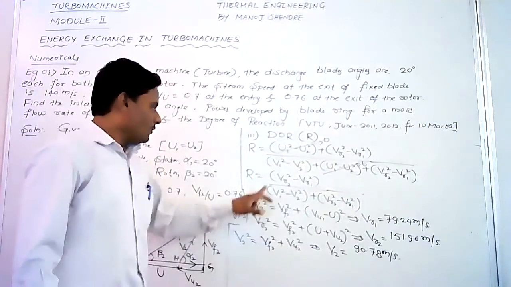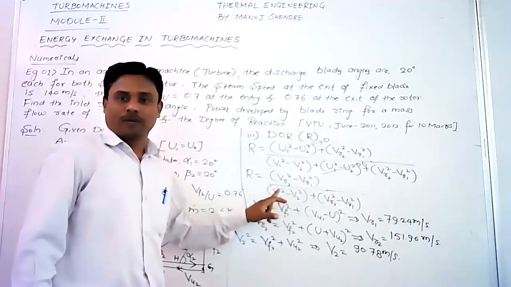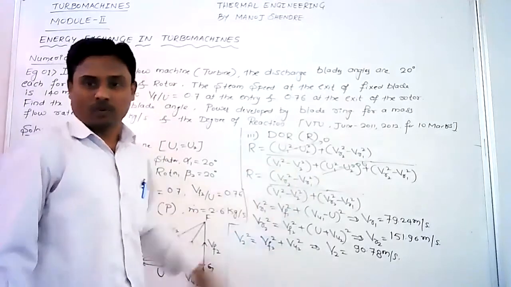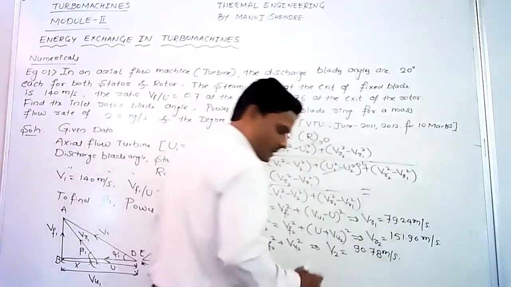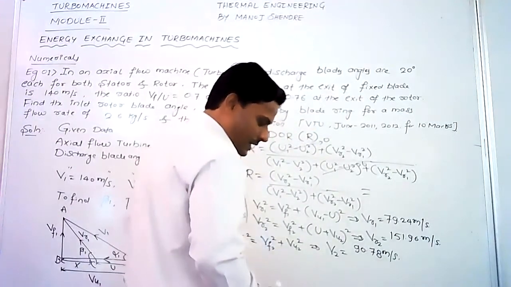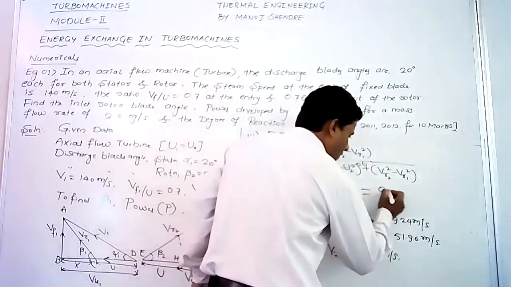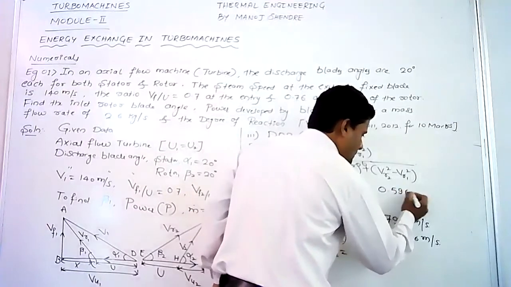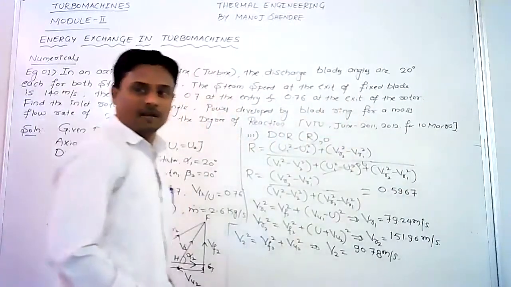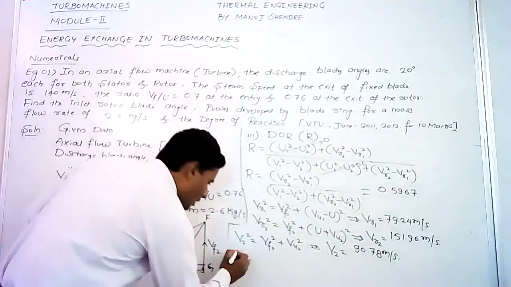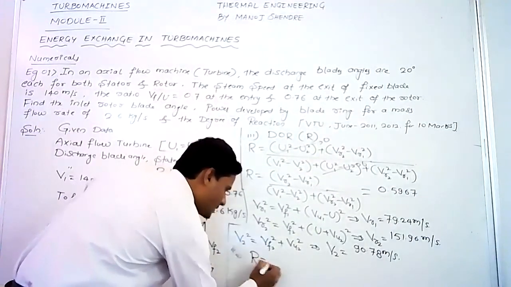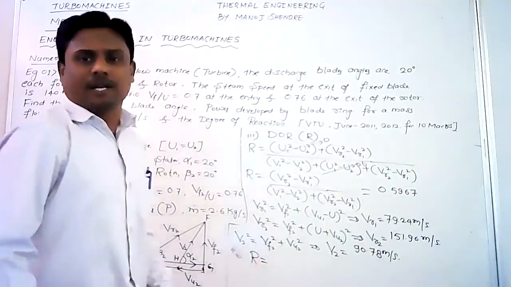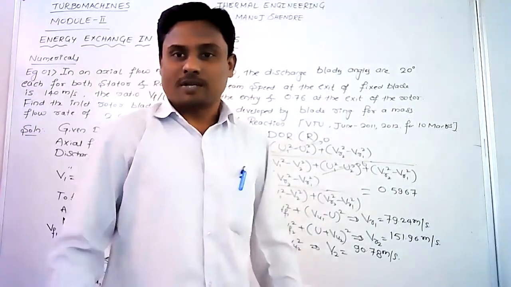So you got the values of VR1, VR2, V1, V2. Just substitute in this formula for degree of reaction. After substitution and simplification, the expected answer for degree of reaction is 0.5967. Usually the degree of reaction is represented in terms of percentage.